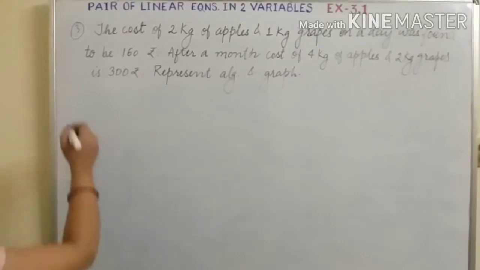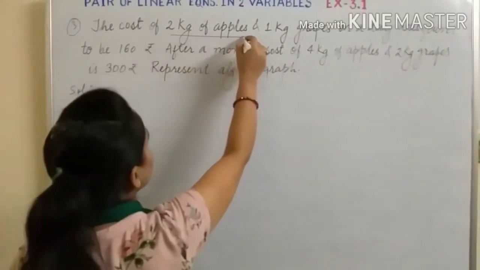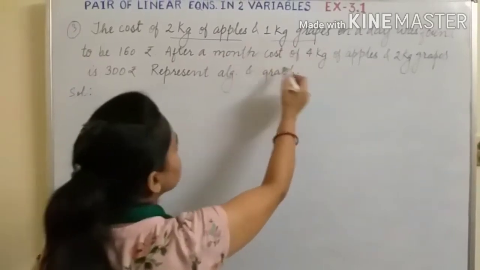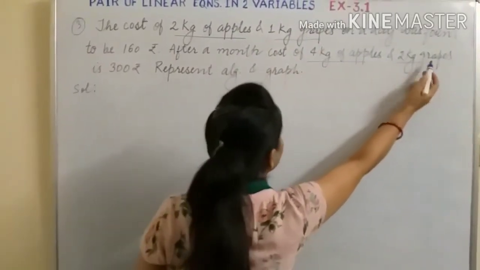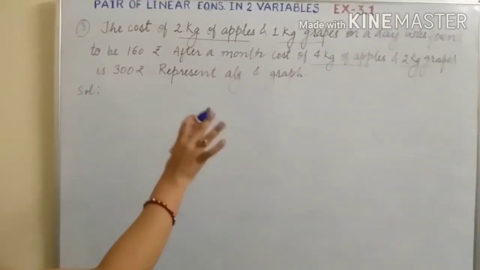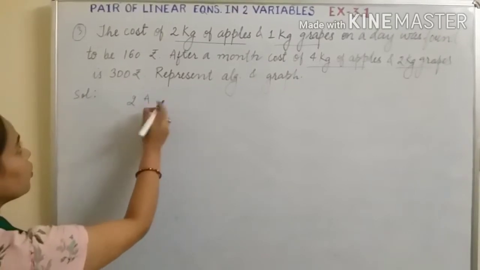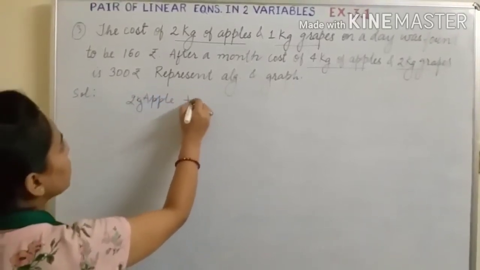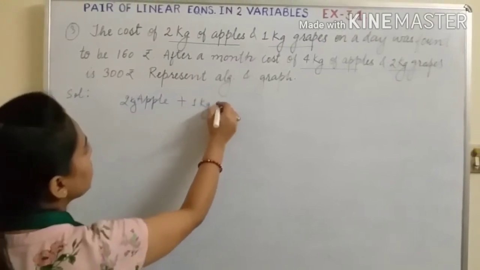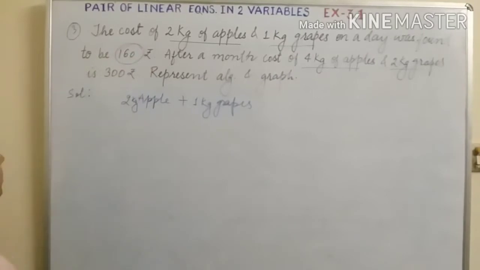Again we will see how many variables are there. See, 2 kg of apples, 1 kg of grapes. Again in the second line, 4 kg of apples and 2 kg of grapes. So apple and grapes are common here. So we will write 2 kg of apple plus 1 kg of grapes, and the basis here is the cost price.